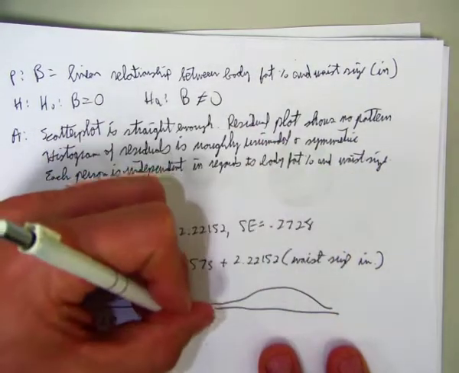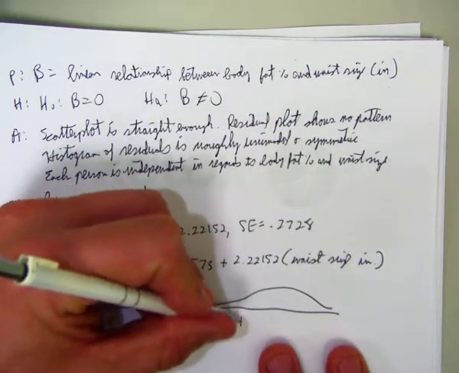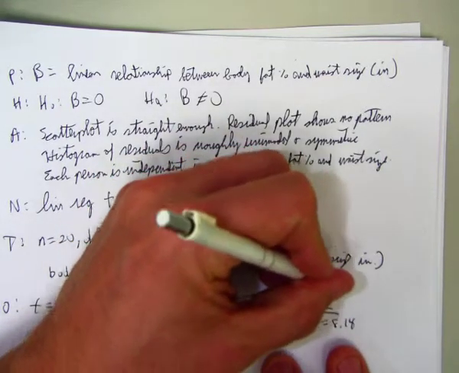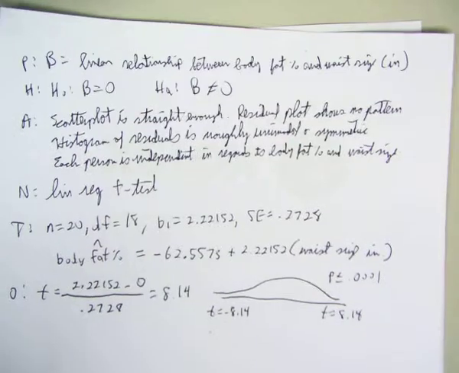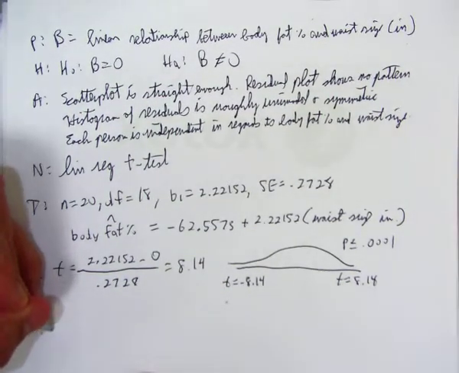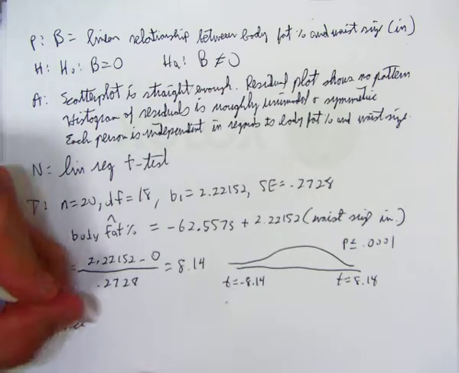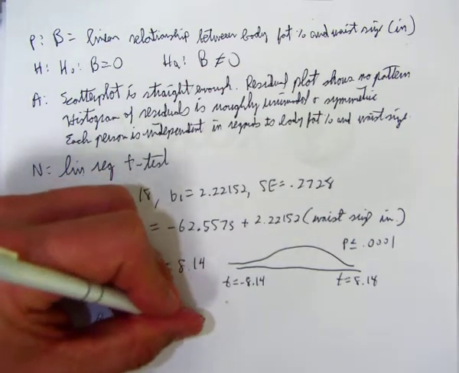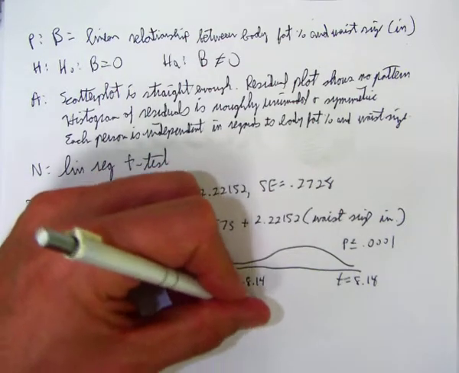So we're going to have T is negative 8.14, T is positive 8.14, P is going to be less than 0.0001. Make a decision. So since P is less than 0.0001, reject at the 0.05 level.